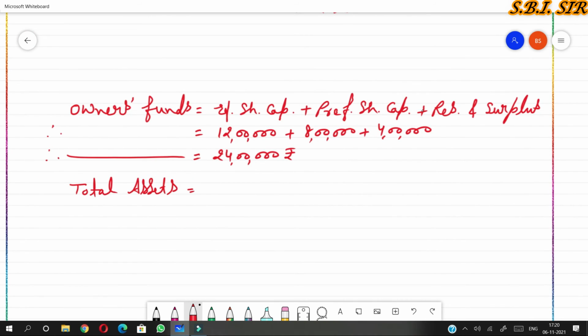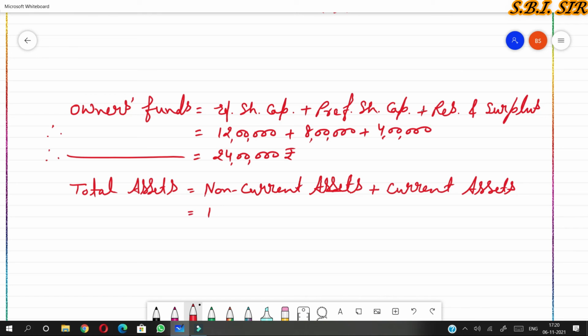So total assets equals non-current assets plus current assets. 12 lakh plus 24 lakh. We will get 36 lakh. Total assets equals 36 lakh.